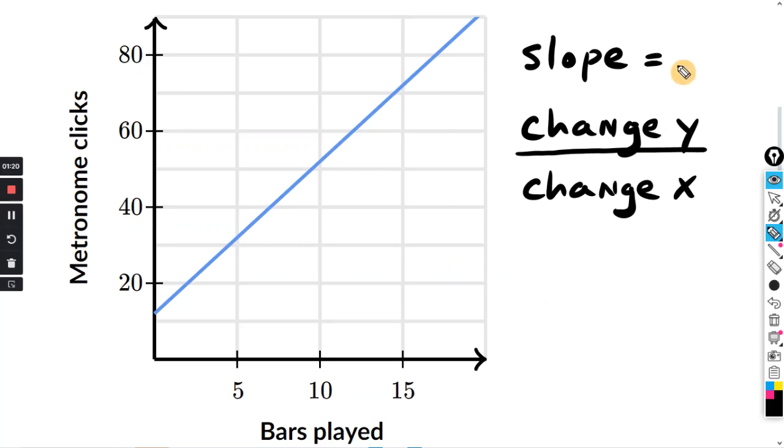All right, that's the slope. A lot of times we see it as the Greek letter delta y divided by delta x. Same thing, change in y over change in x.